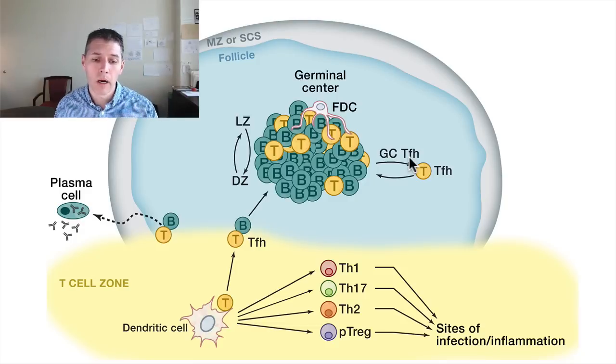Now, I've just described a canonical TFH differentiation pathway, which seems to the best of our knowledge, explains most TFH differentiation. But alternative TFH differentiation processes exist, and this is expected. There's no single immutable TFH cell phenotype. It's quite clear in general that CD4 T cells have enormous intrinsic heterogeneity, and TFH cell biology is no different.